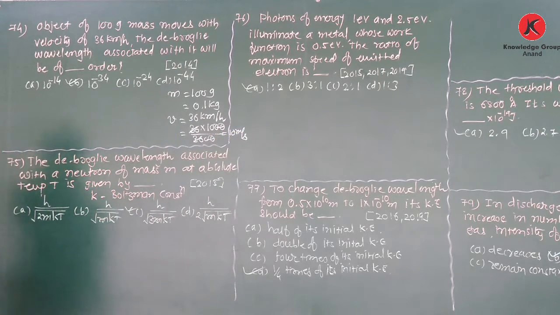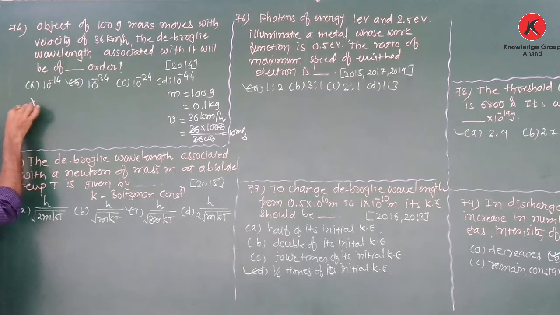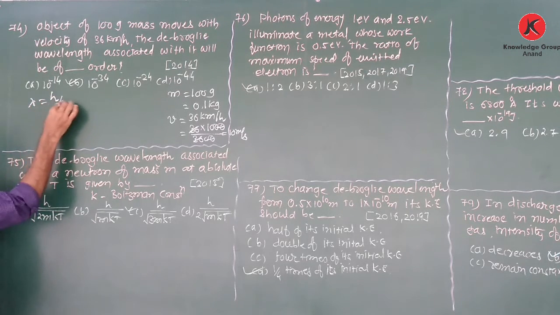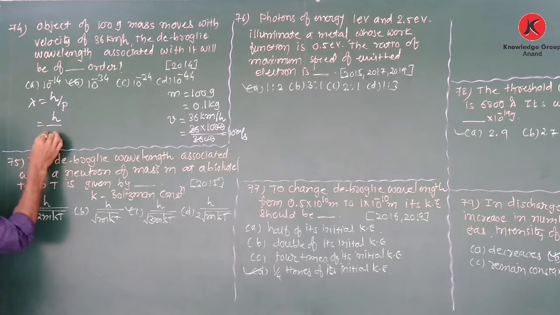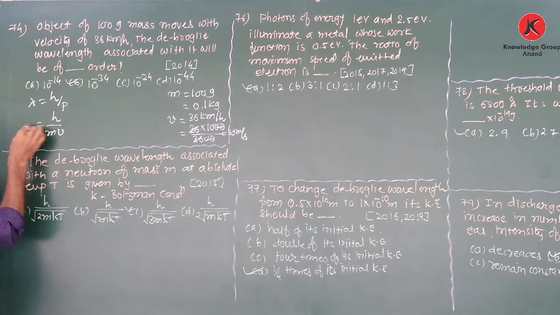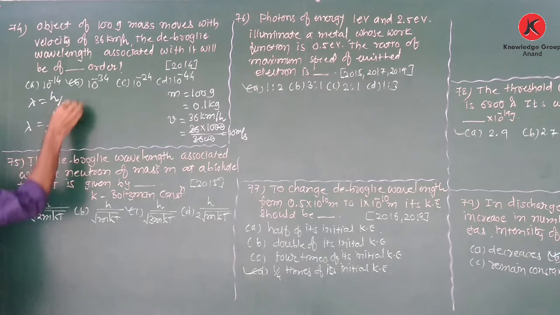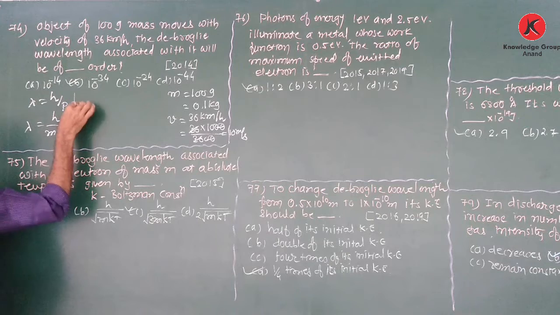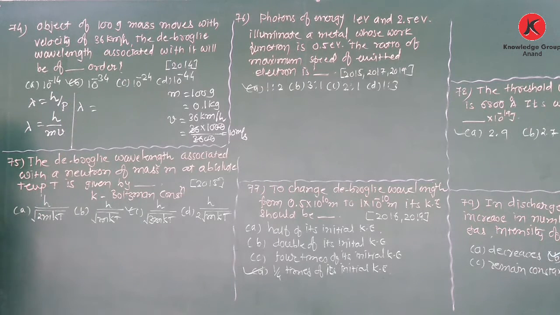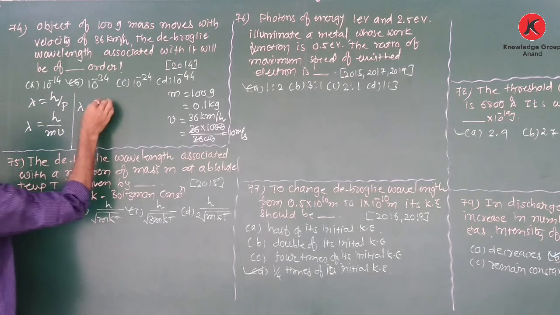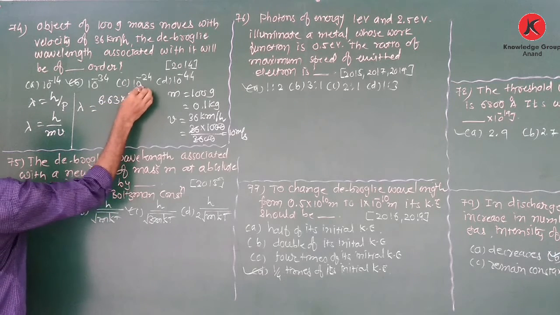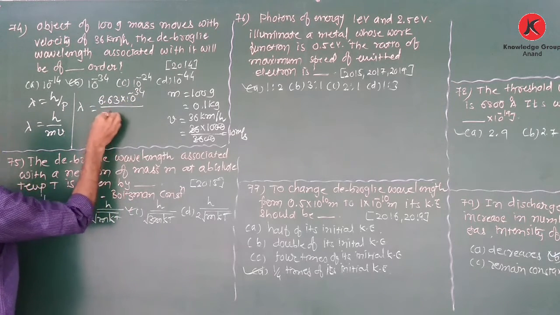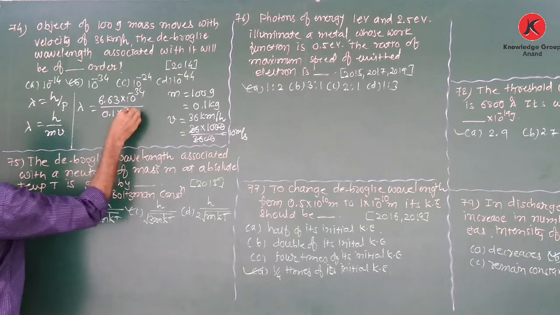Now de Broglie wavelength lambda is equal to h upon p. p is the momentum, mass into velocity, so h upon mass into velocity. Substitute the value: lambda is equal to h, Planck's constant, upon mass 0.1 into velocity 10.